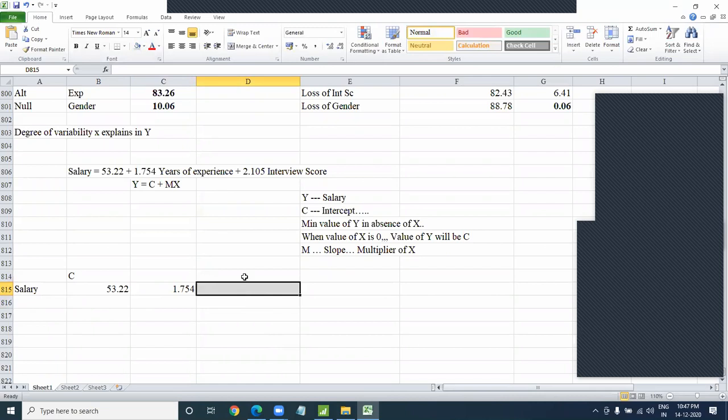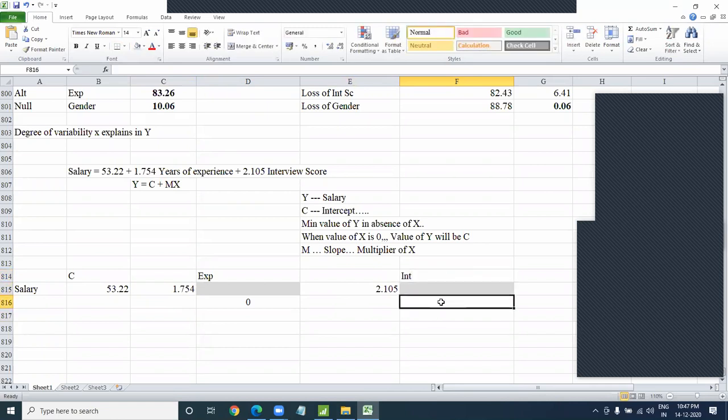This is the experience factor, and these two will get multiplied. So 1.754 times experience, whatever the experience is, that's what it means. Similarly, it says 2.105 times interview score. So this is my interview score factor.